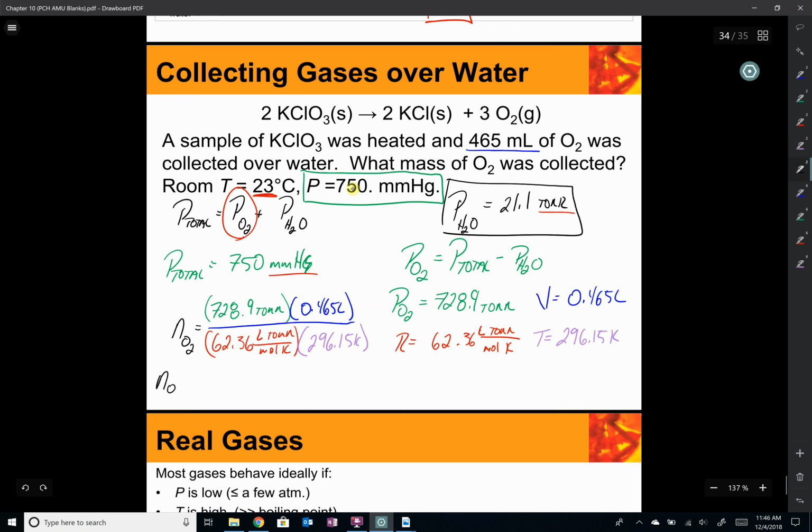Plugging that into my calculator, I got 0.01836 moles of O2. And we're almost done. For every 1 mole of O2, there are 32 grams of O2, which is equal to 0.588 grams of O2. That's the mass.